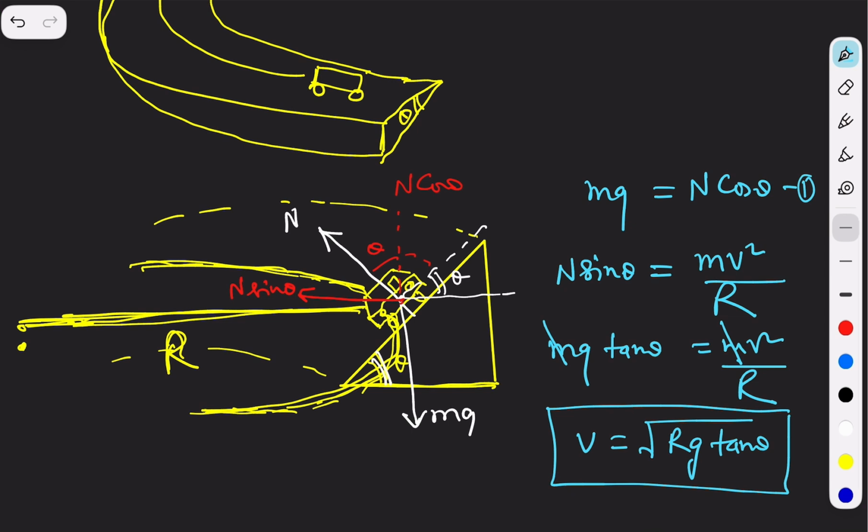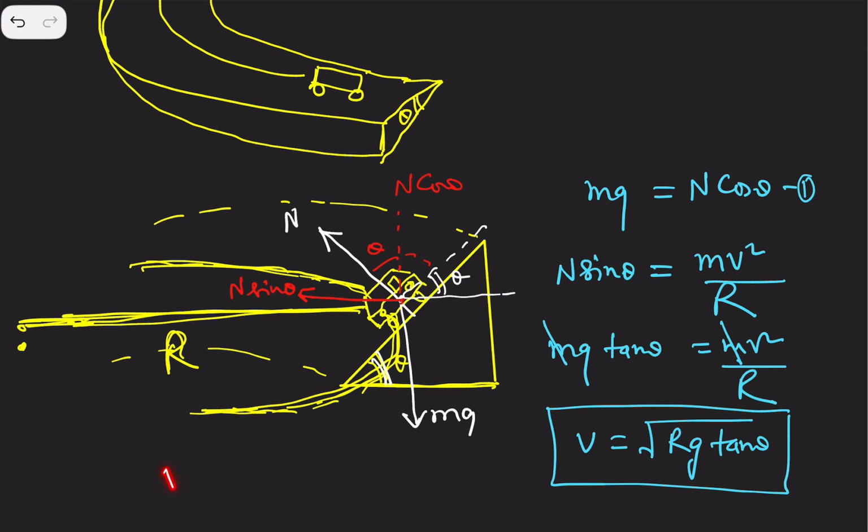Now it is a very interesting thing that you should know here. If your velocity is less than root of rg tan theta, what will happen? If your velocity is less than that, then the force that is needed towards the center to take this turn will of course be less, but your force N sin theta is more.